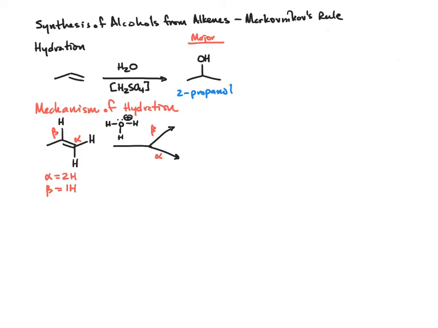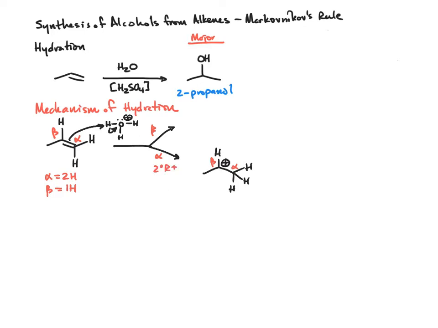So if we're to show that for the alpha, so the alpha carbon's getting the proton, we have abstraction from the hydronium. The alpha carbon now has 3 hydrogens. That leaves a carbocation at the beta carbon, and we can classify that as a secondary carbocation.